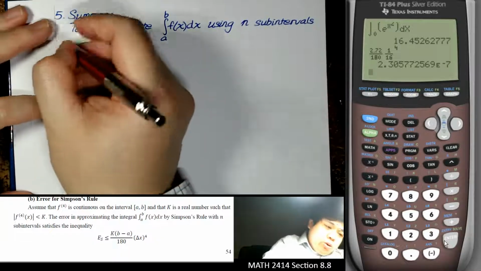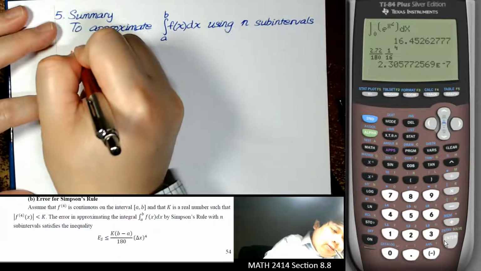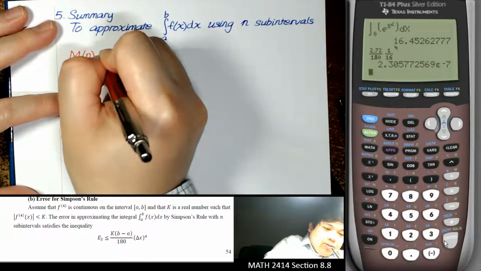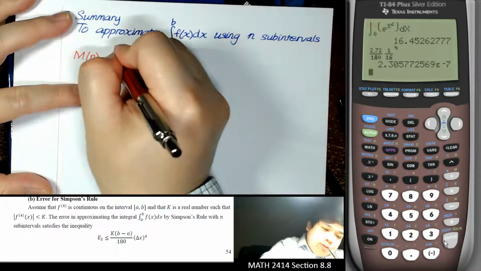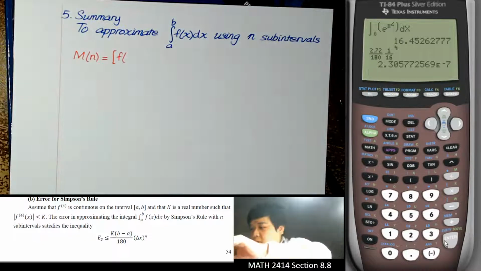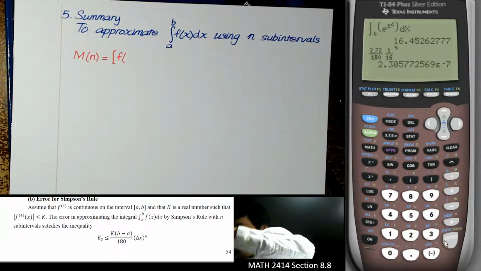The midpoint rule using n rectangles is equal to, how do we write this?